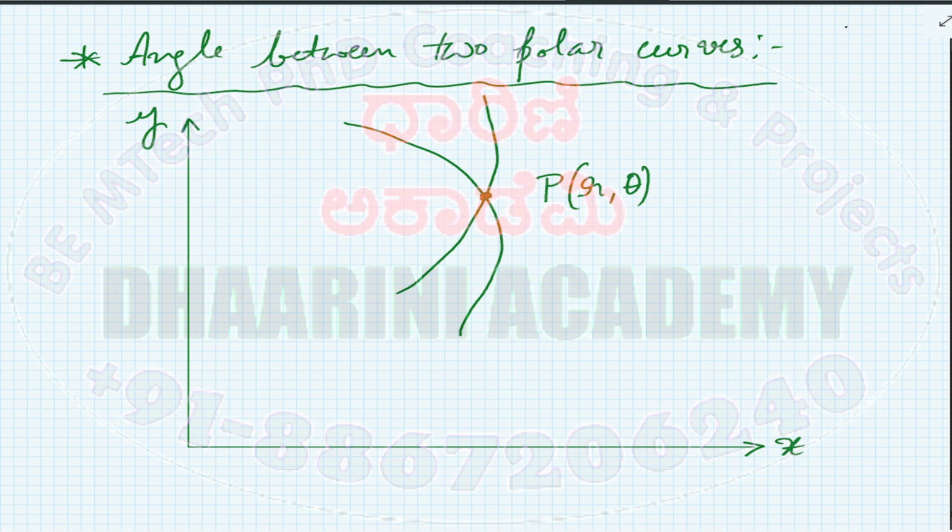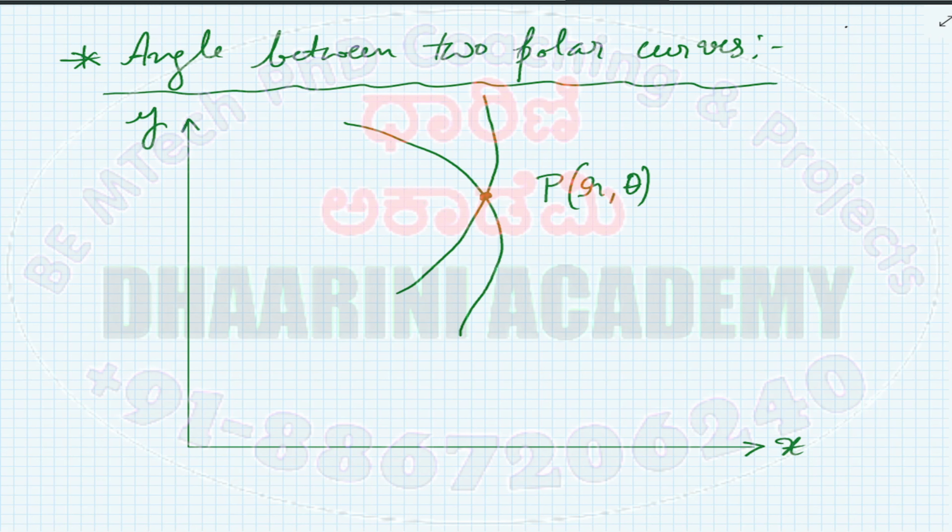Now if I want to draw the tangents, because see how we measure the angle between the two curves, we can measure that by simply using the tangents of both curves. Let's draw the tangents first and then we'll see how to measure that.